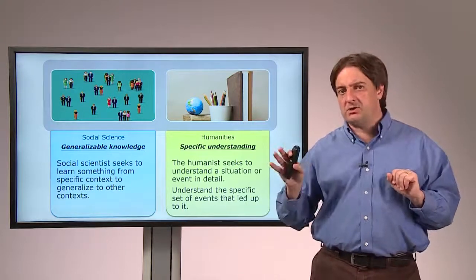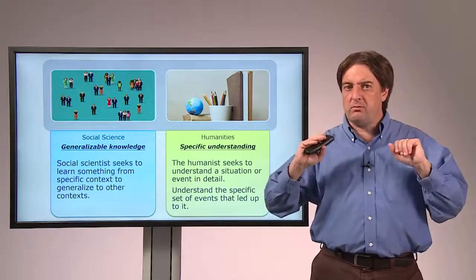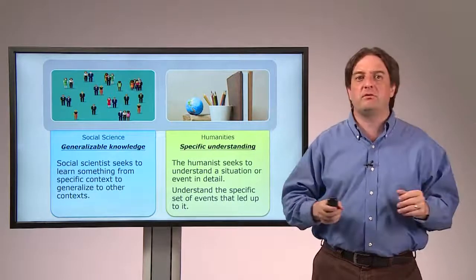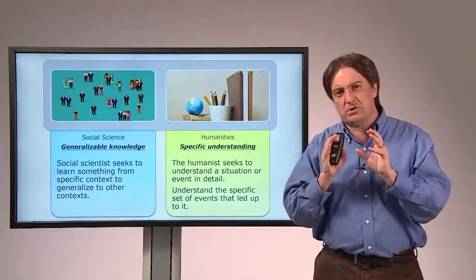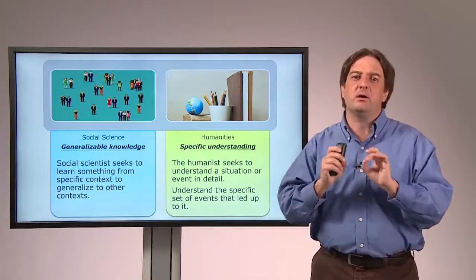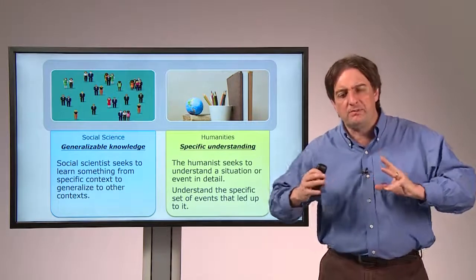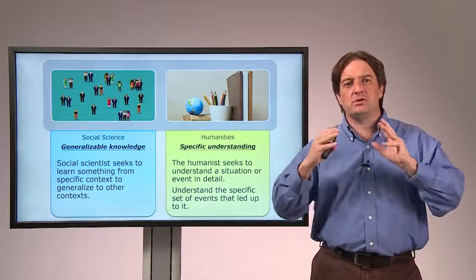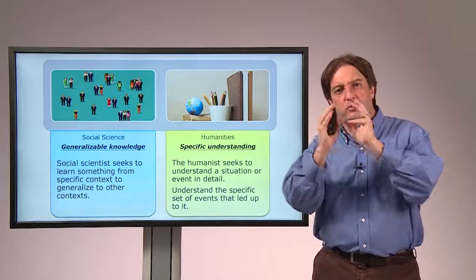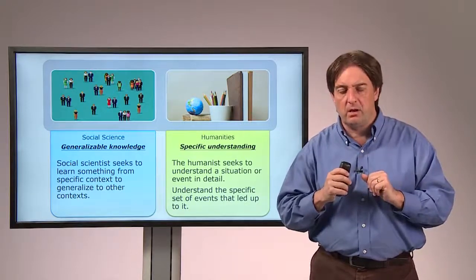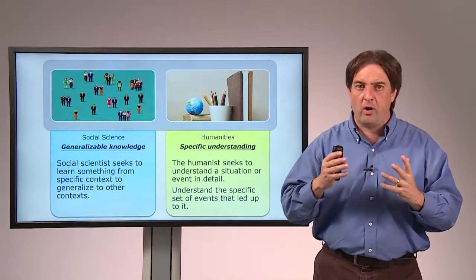By contrast, a historian studying a revolution, again maybe the French Revolution, is mainly interested in telling the story of that specific revolution. What were the patterns of factors that intertwined to produce that historical event? What personalities were involved?